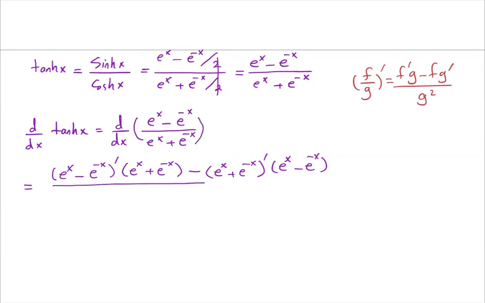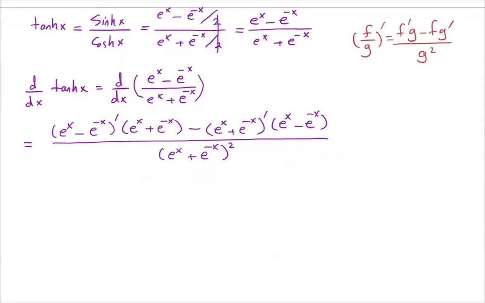Divided by, now take the denominator and raise it to the second power, e to the x plus e to the power minus x to the second. You don't have to write this in extended form right now. Just take the derivative and simplify as much as you can. So this can be written as the derivative of e to the x is e to the x.